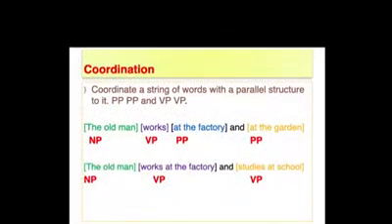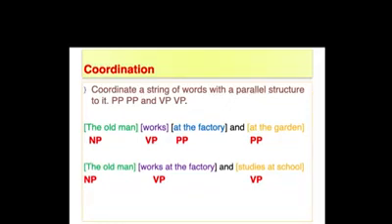Coordination tests are also other ways that will allow us to see if a string of words acts like a single constituent. Coordination: a string of words coordinates another string of words with a parallel structure to it. For example, if you have a PP, you can use another similar structure to it.